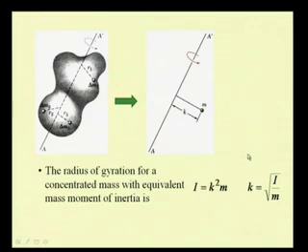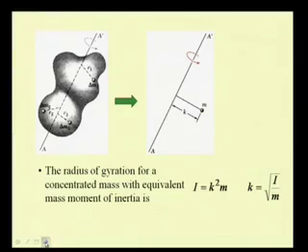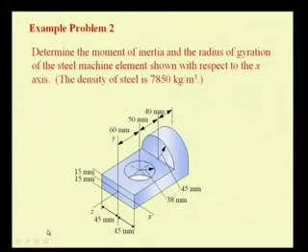So, the derivation is similar to the way we derived the radius of gyration for the second moment of an area. Let us see one example problem.